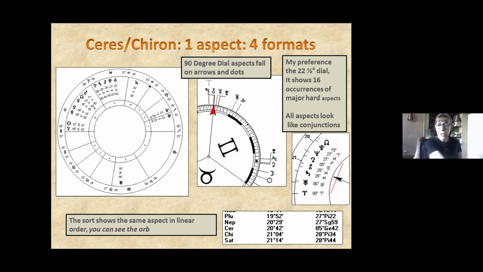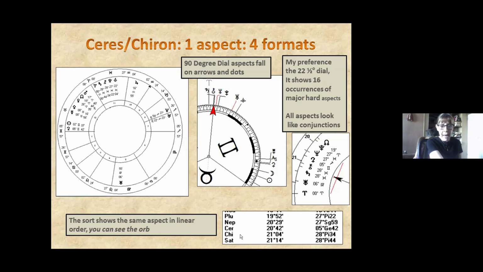But in that conjunction, we see that Ceres is in aspect to Chiron. So we're going to be looking at the 22.5-degree dial. When you see Ceres Chiron, it will always look like a conjunction. Period. And it'll be just like the traditional meanings of Ceres Chiron, but in alternative formats.